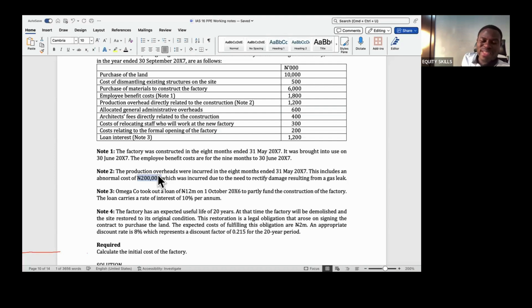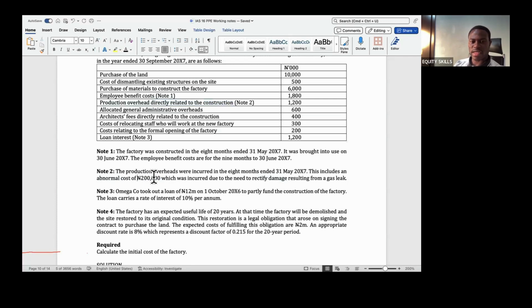Okay, so wastages are not capitalized. So this 200,000 abnormal cost is like wastage. It is an abnormal cost. You don't capitalize that. Ordinarily, this production overhead should be capitalized because they told us that it's directly related to construction.